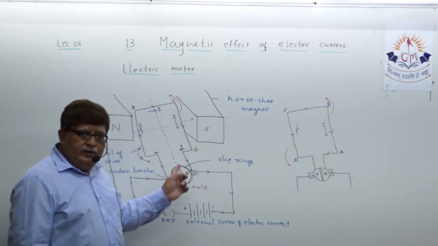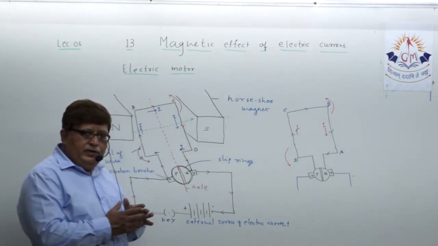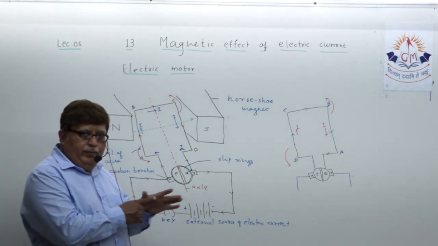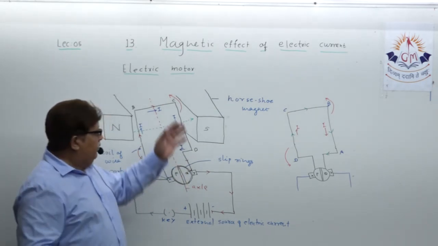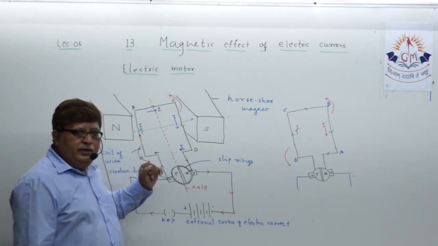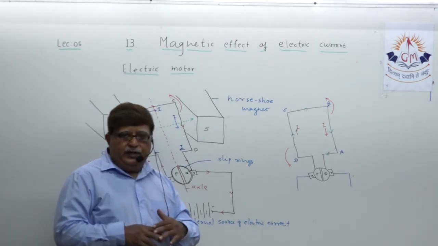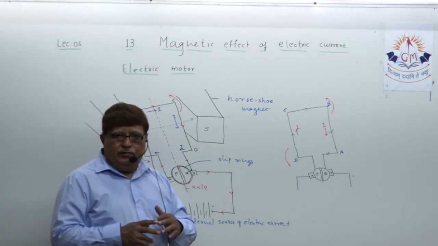On sides BC and AD, the direction of electric current is parallel to the magnetic field. So both these sides, BC and AD, remain unaffected by the electromagnetic force.